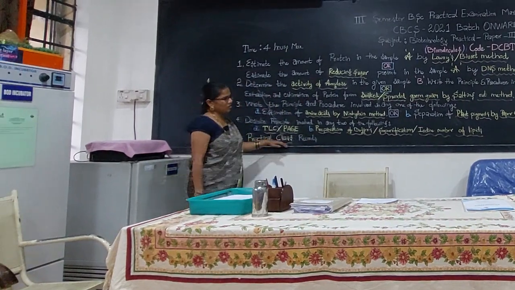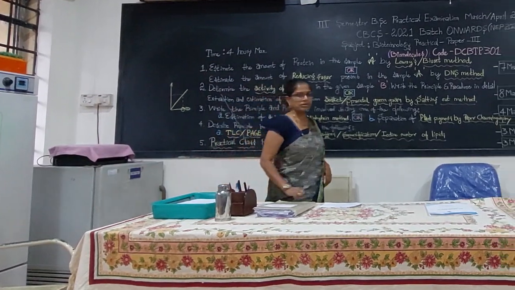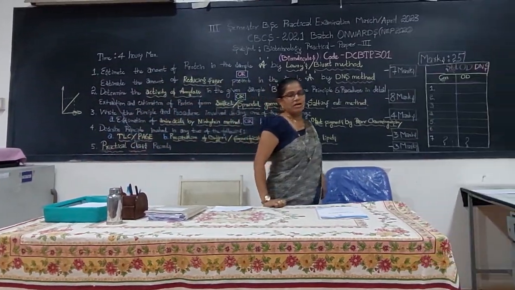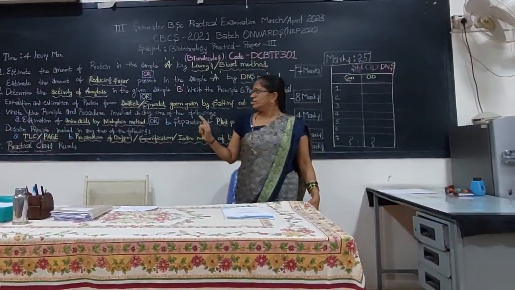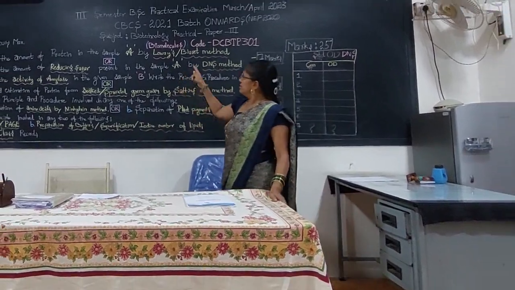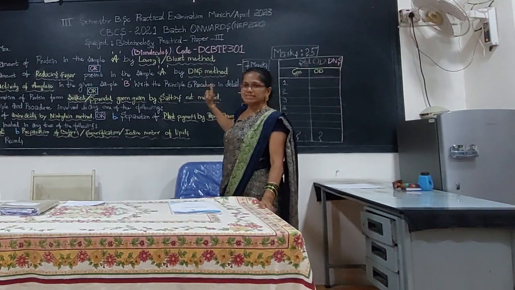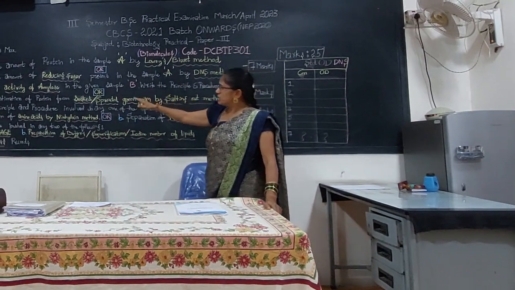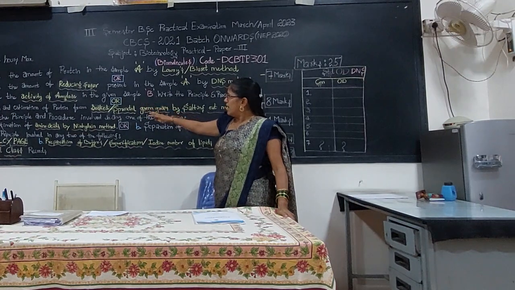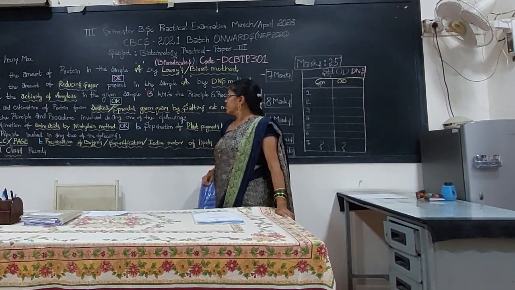Then practical records carry 3 marks. I hope you understood the practical examination scheme, about question number 1, 2, 3, 4 and 5. I'll repeat. Question number 1, you may get Lowry's method or biuret method or DNS method. Then question number 2, activity of amylase or the salting out method using sprouted green gram.